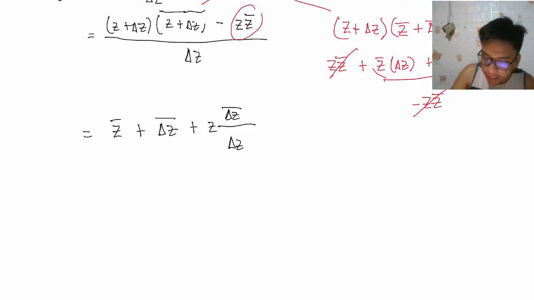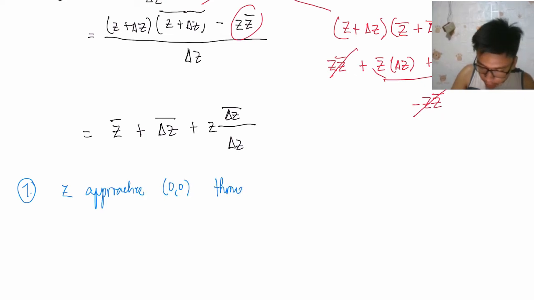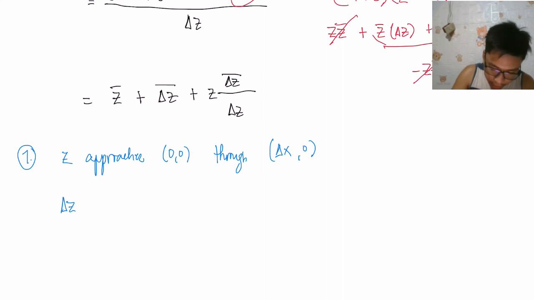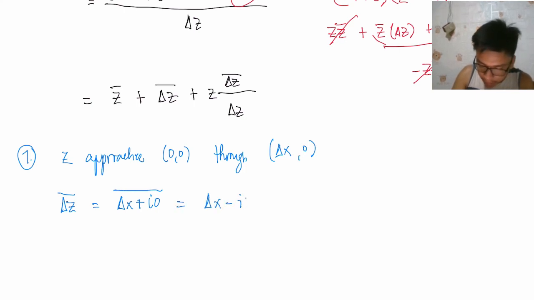I would now evaluate this for case 1. If z approaches the origin through the real axis, that means delta y is 0. Then your delta z bar is actually delta x minus i0, or delta x plus i0, and this is delta z.